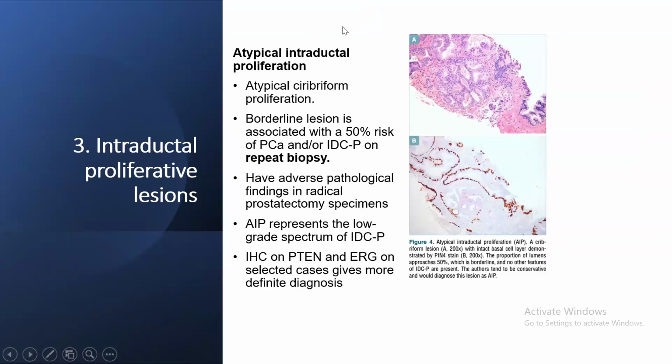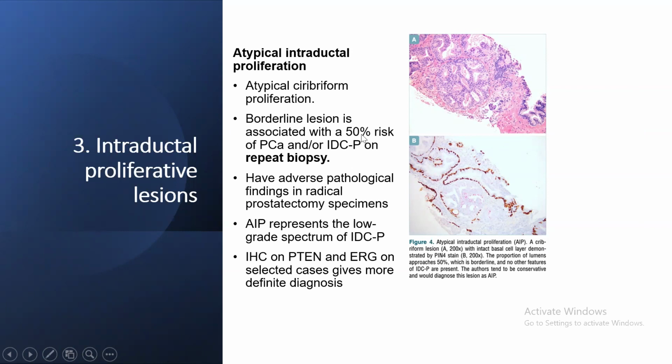Then the newer terminology is atypical intraductal proliferation. This is a borderline lesion which is more than high-grade PIN, but not sufficient to call intraductal prostatic carcinoma. The criteria we will see in a subsequent slide.